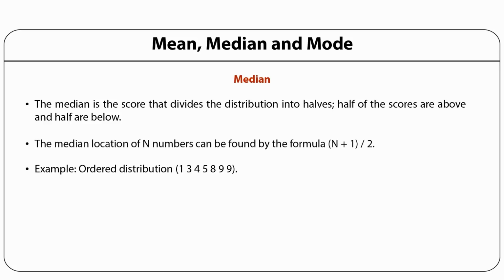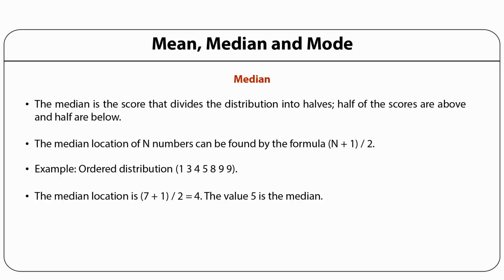Then the median will be (n plus 1) by 2. That means n is here 7, plus 1 is 8, by 2, that is the fourth number of the distribution. When you organize it in a sorted manner, that is your fifth value. So that is your median.